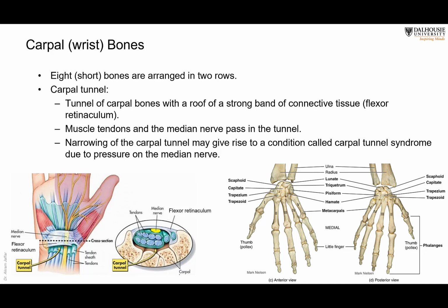It is compression of the median nerve. The median nerve supplies some of the skin of the hand, so the patient with carpal tunnel syndrome will have a pins and needles or tingling sensation in the hand. In addition to that, there will be weakness in the movements of the thumb.